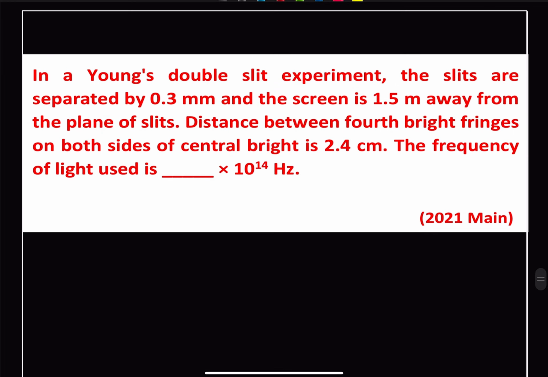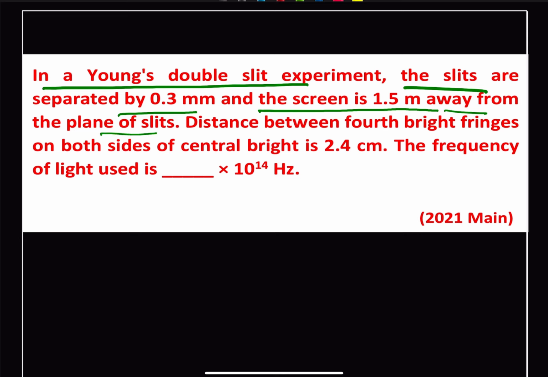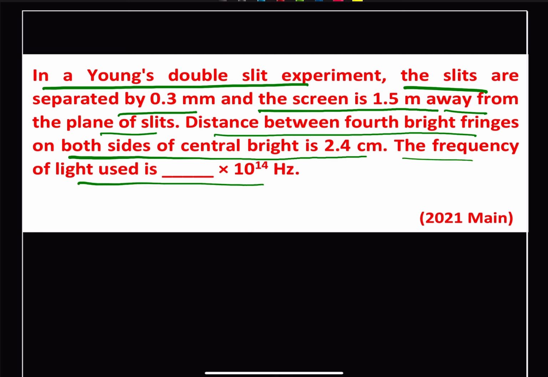Okay, so here we are given that in the Young's double slit experiment, the slits are separated by 0.3 millimeter and the screen is 1.5 meter away from the plane of slits. The distance between the fourth bright fringes on both sides of the central bright is 2.4 centimeter. The frequency of the light used is.